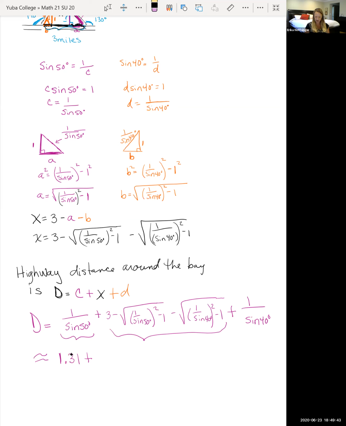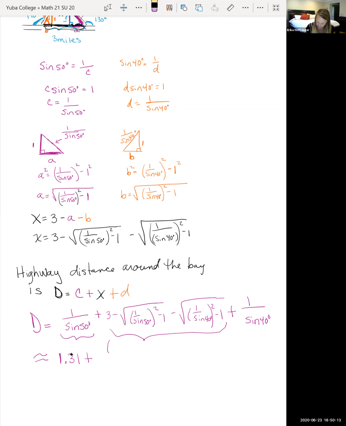So under the square root, I'm going to have a parentheses for everything underneath the radical. Then I'm going to have another parentheses just for the 1 divided by sine of 50 degrees. Close my angle, close my fraction. I have to square that. Then I have to minus 1, and then I have to close my other parentheses for the whole thing underneath the radical. And if I do that, I'm just going to do this a little bit in pieces here.